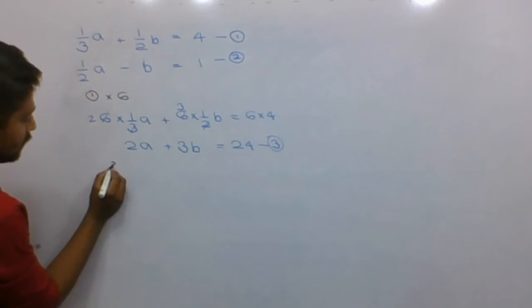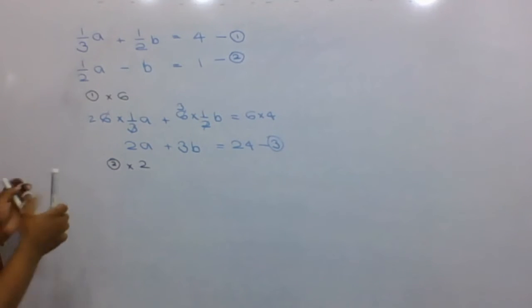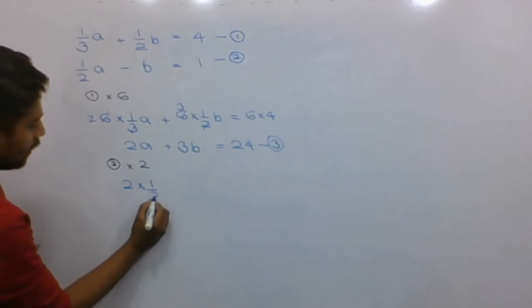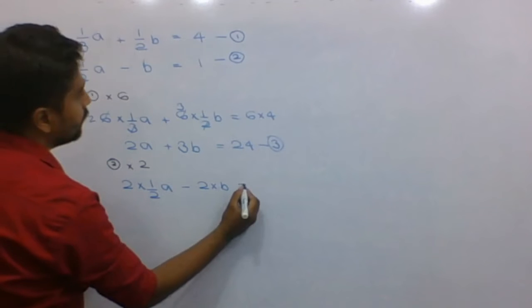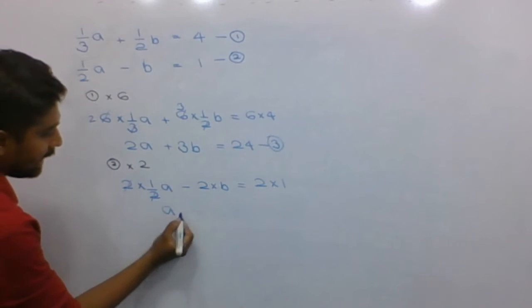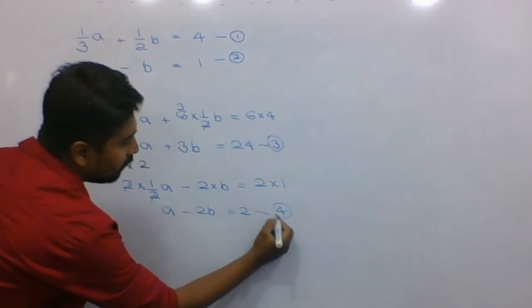Second equation we are going to multiply by 2, right? So what happened? Here 2 multiplied by half a minus 2 multiplied by b, then 2 multiplied by 1. So what happened? Cancel. A minus 2b equal to 2 on the fourth equation.